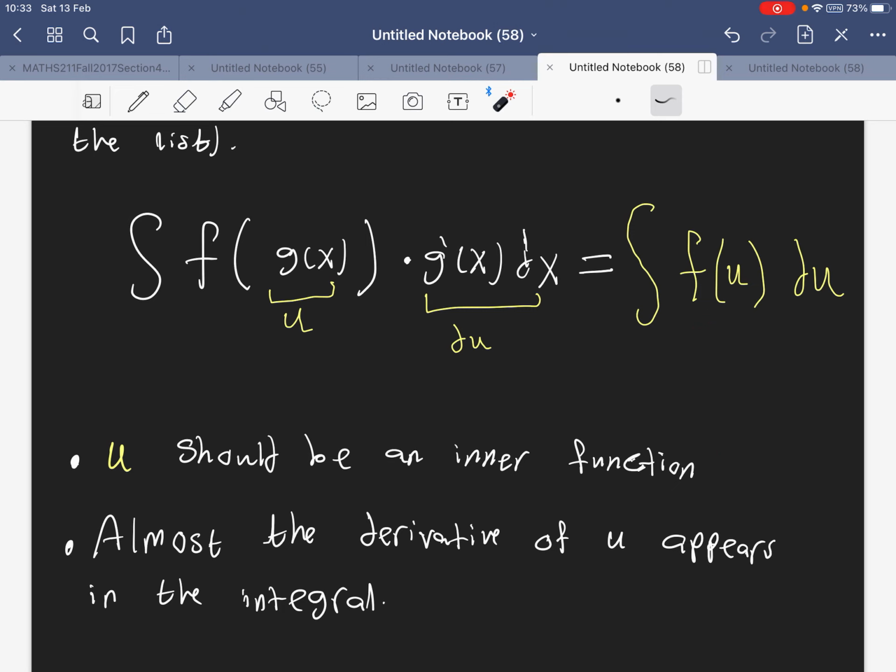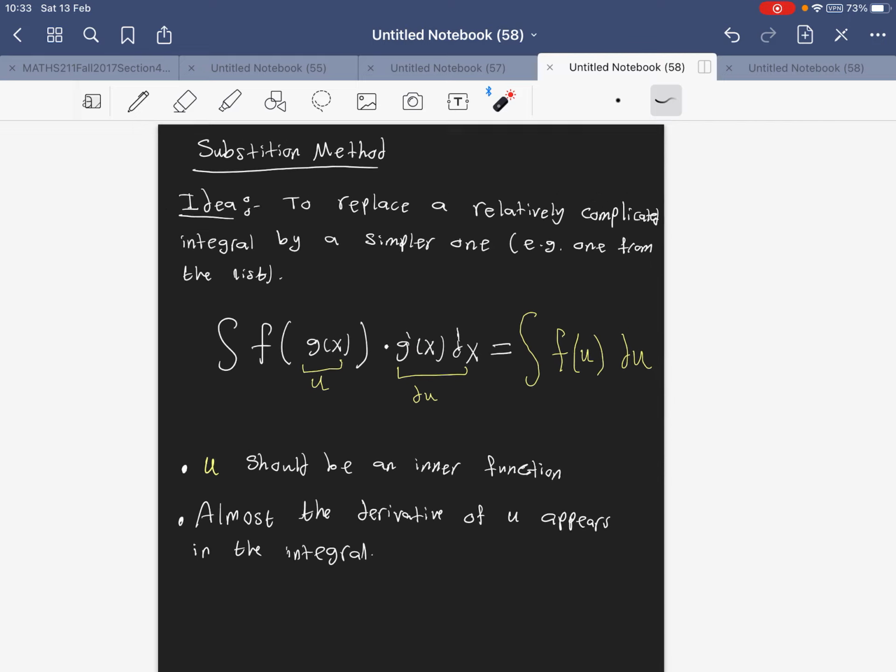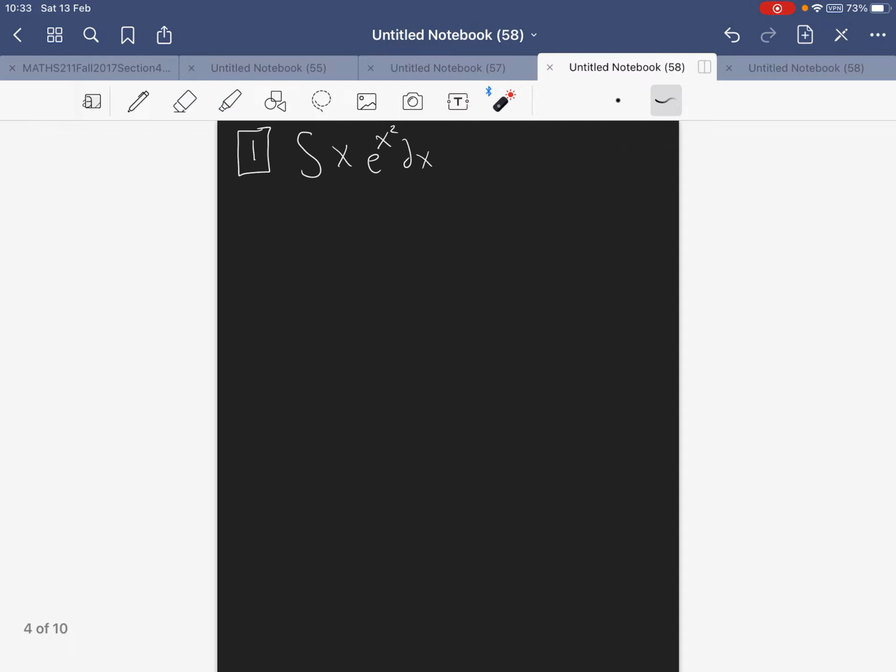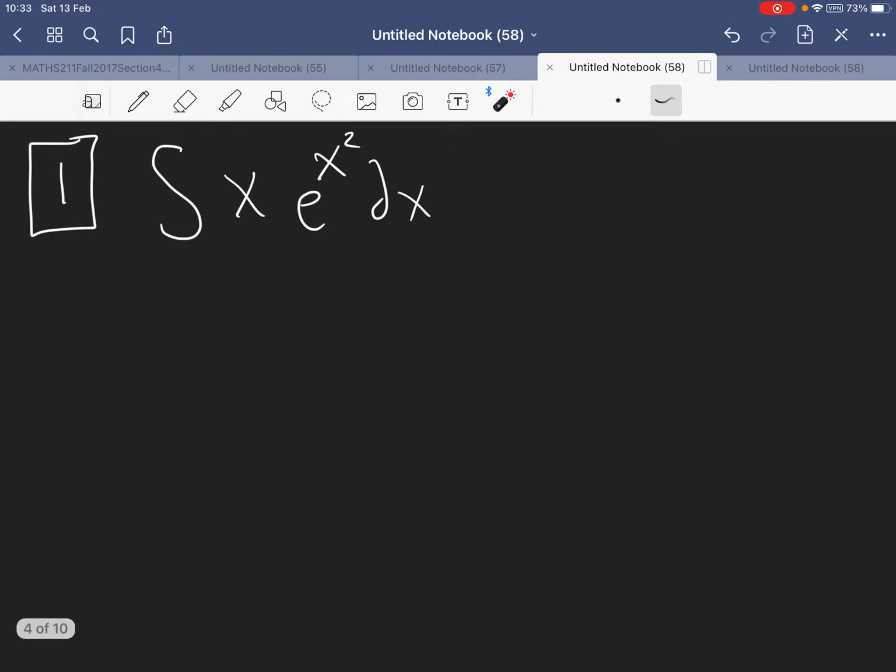Okay. Now, let me put this into action in the first example. If you look at this integral, you will see that we have x e to the x squared. This is not from the list.